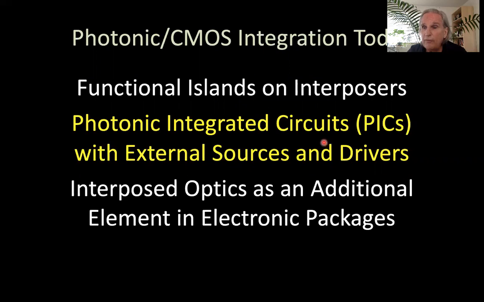However, all of the modulators and all of the detectors are on these photonic integrated circuits. And the interposed optics is an additional element in traditional electronic packages. And this is where photonic CMOS integration is going. This is really where silicon photonics is going in the future.